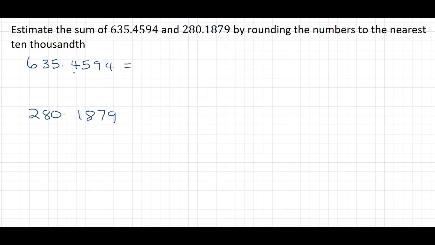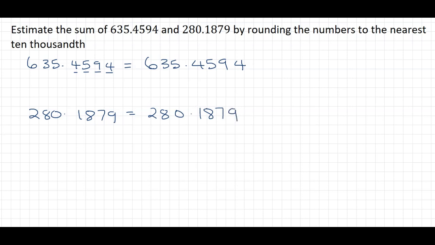This is tenth, hundredth, thousandth, ten-thousandth. So here we're going to be left with our number intact, 635.4594. Let's do the same here. We have 4 digits, so it's going to be exactly the same, 280.1879.